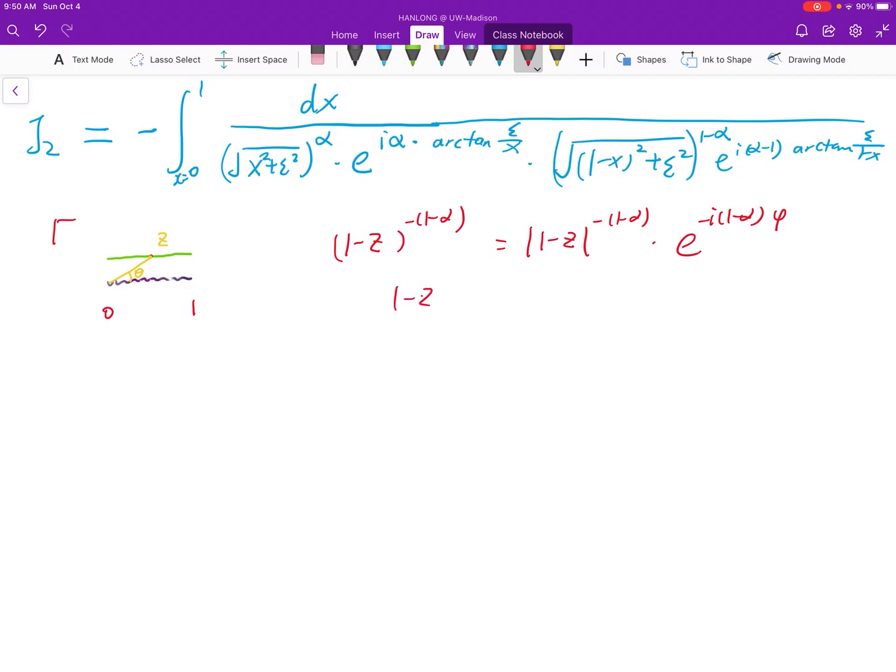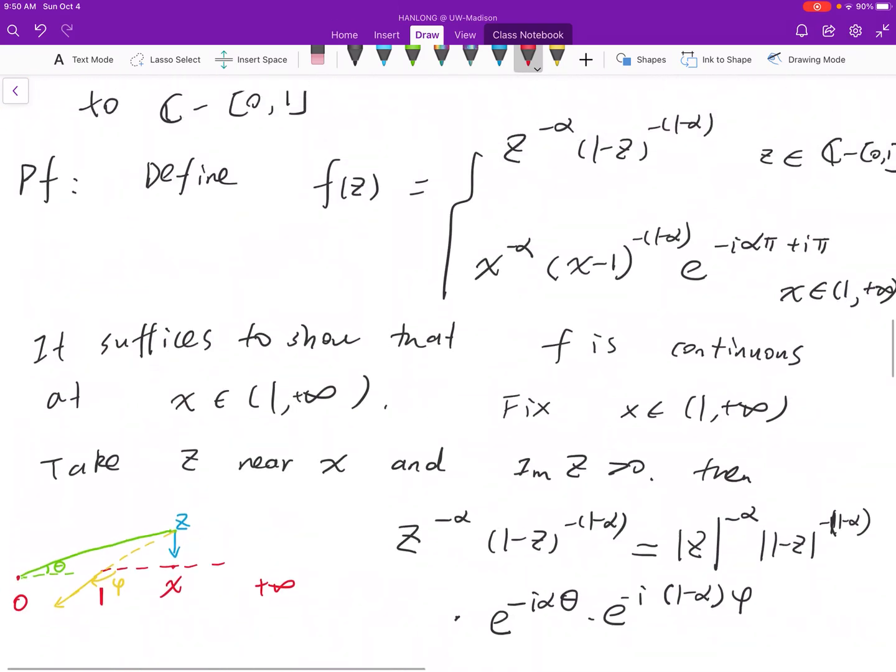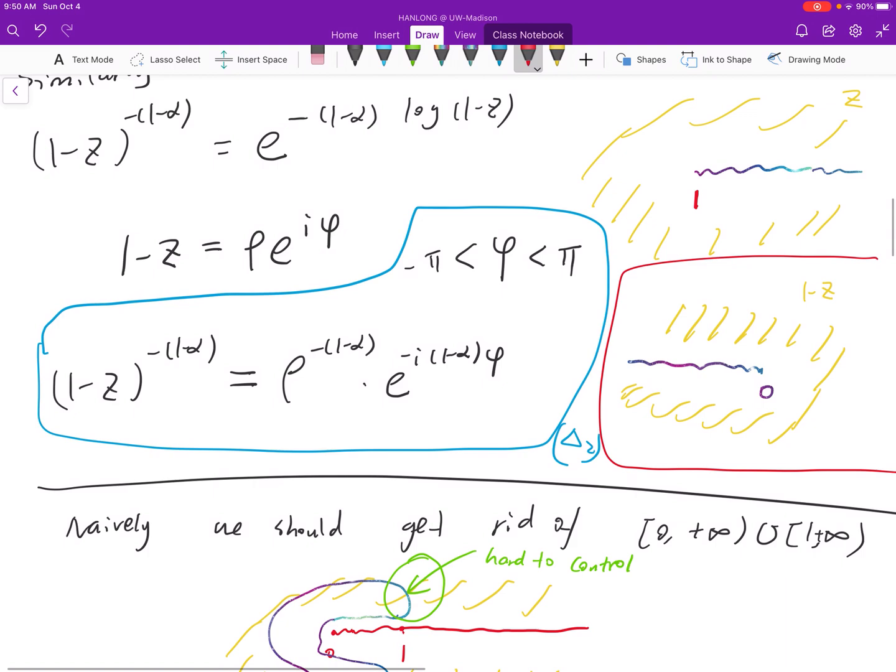So here we assume 1 minus z is rho exponential i phi, where phi is between negative pi and pi. This is formula delta 2 here.